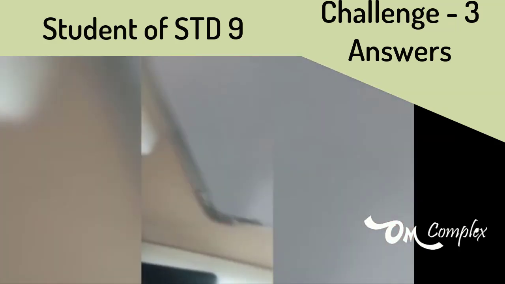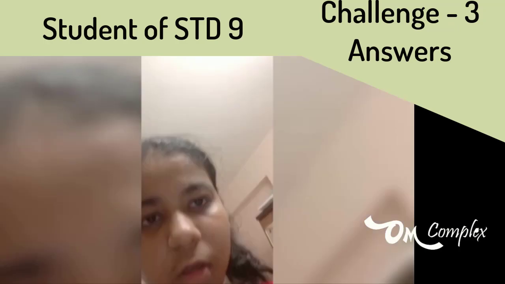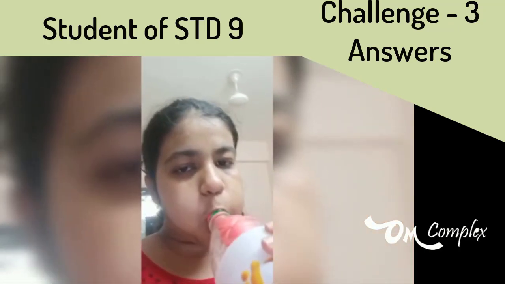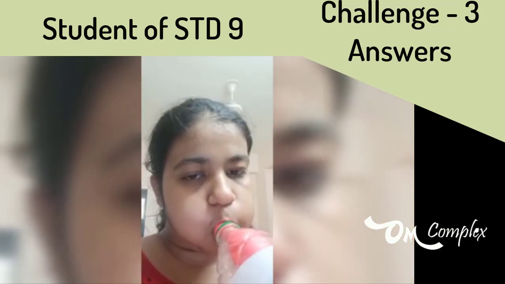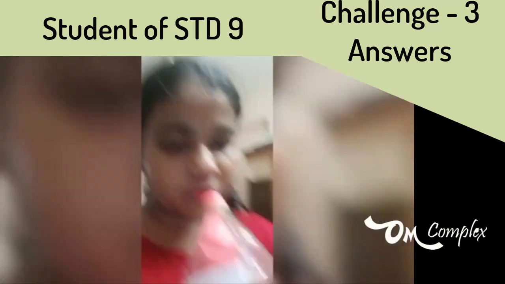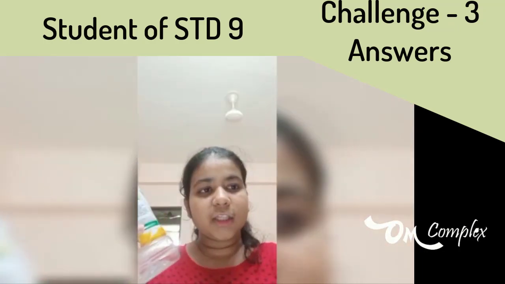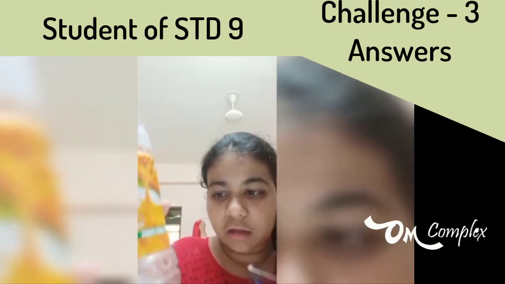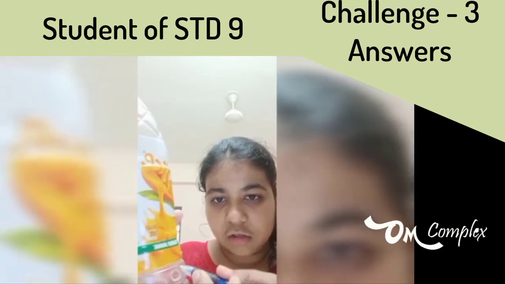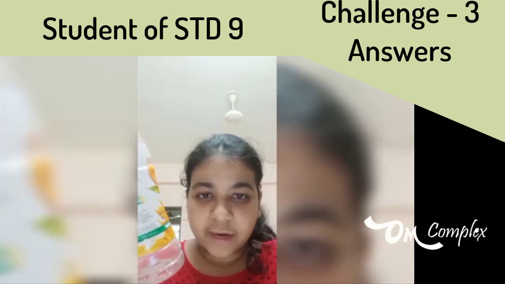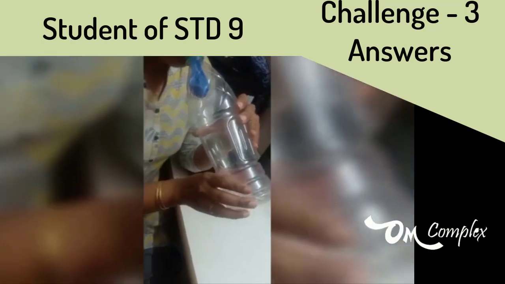So now I will try to blow up. Can you see it is not blowing? And now I have made a hole here. Can you see? Yeah. So here is the hole. Now we will try to blow it up.